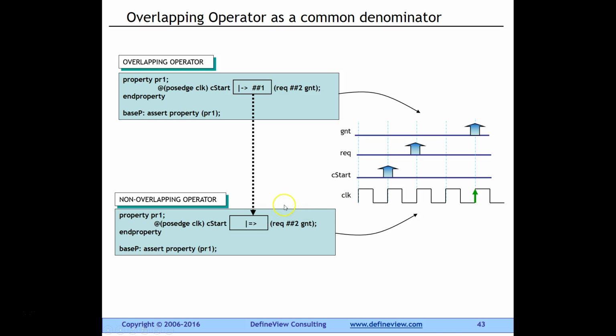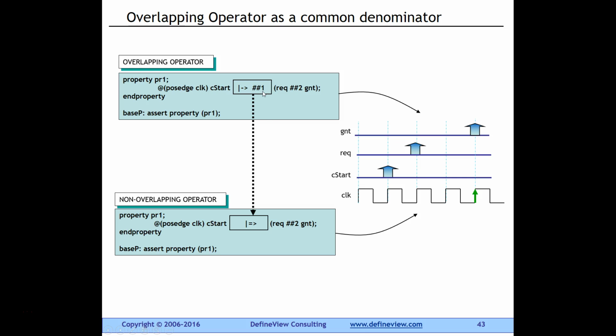Now, let me give you a project-wide hint or suggestion. As you can see, the overlapping operator is a subset of non-overlapping. In a project-wide methodology, if you don't have guidelines, then some people may use non-overlapping, some people may use overlapping, some people may use overlapping with a pound 1, some won't.